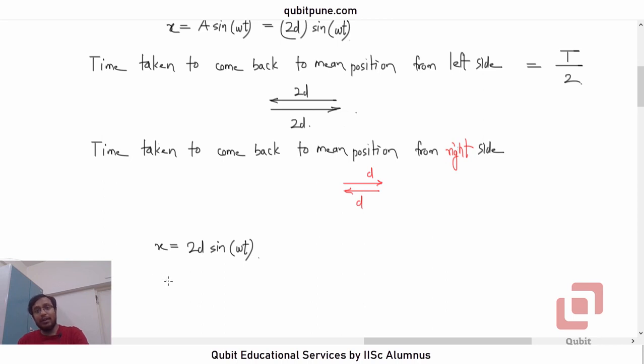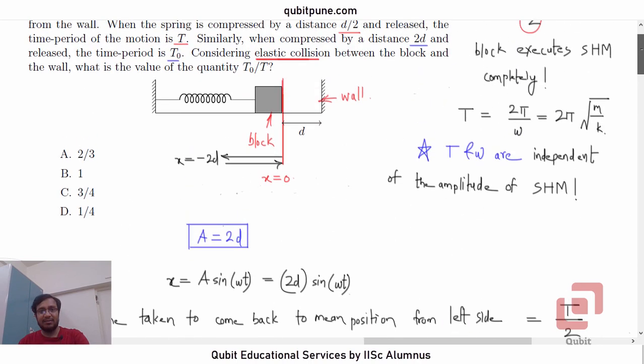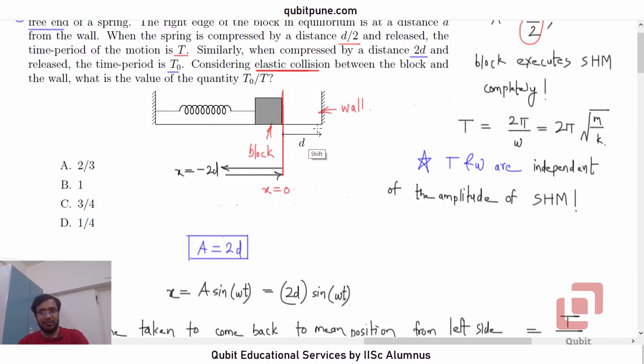But now what we are interested in determining is the time taken for this block to travel from the equilibrium position to the wall. When the block reaches the wall, the value of x is d.